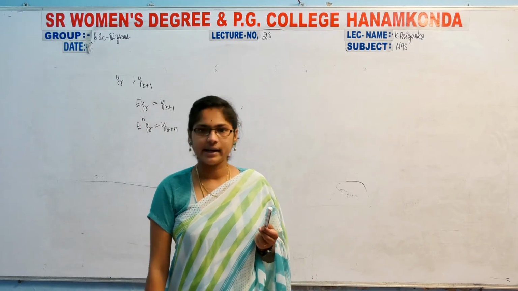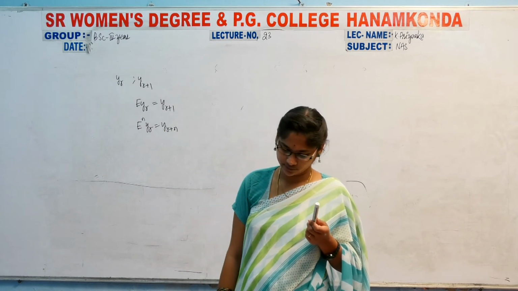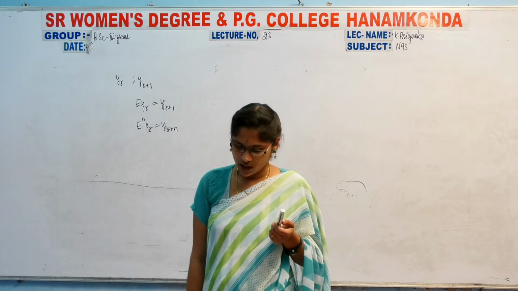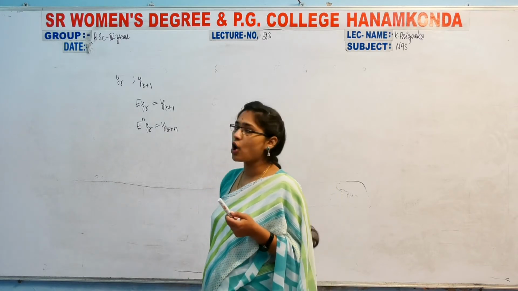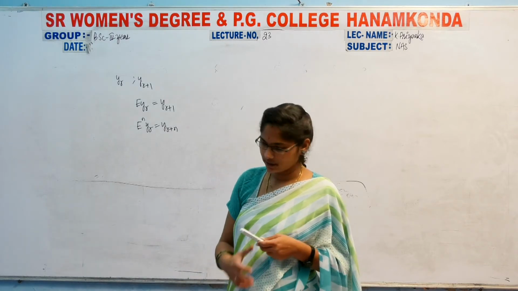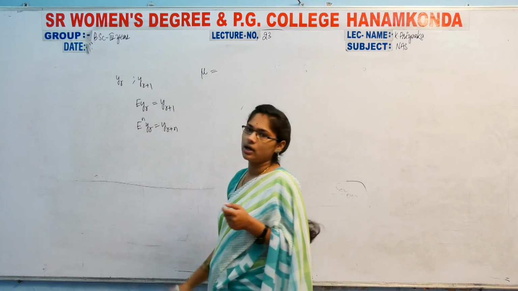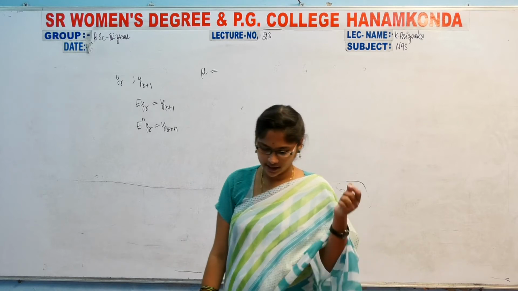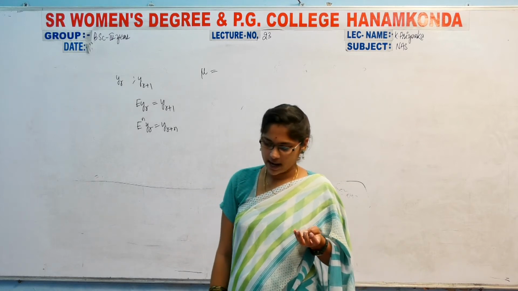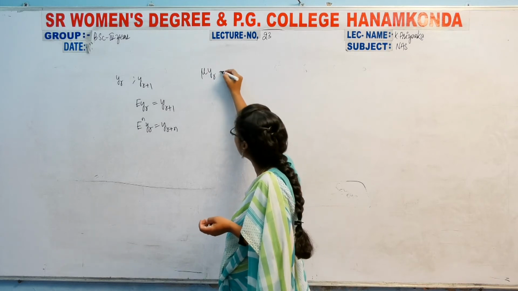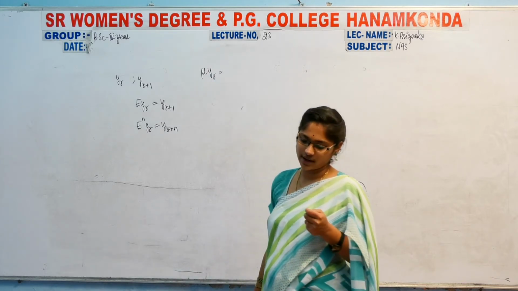Next, put a side heading: averaging operator. The averaging operator is denoted by mu, and it is defined as mu yr. Yr means y1, y2, y3 and so on.